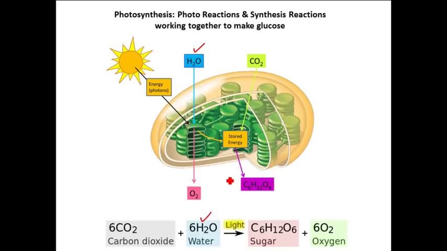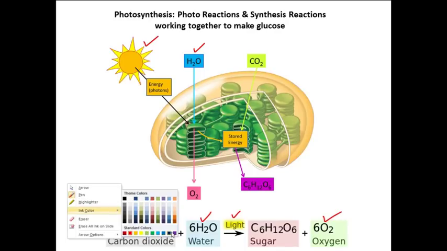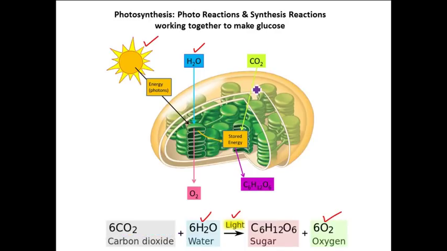And the light goes in the photoreactions, and the oxygen goes out in the photoreactions. I should have done red there. Hold on. Okay, so things with a red check mark are part of the photoreactions, right? So this is photoreactions right here.